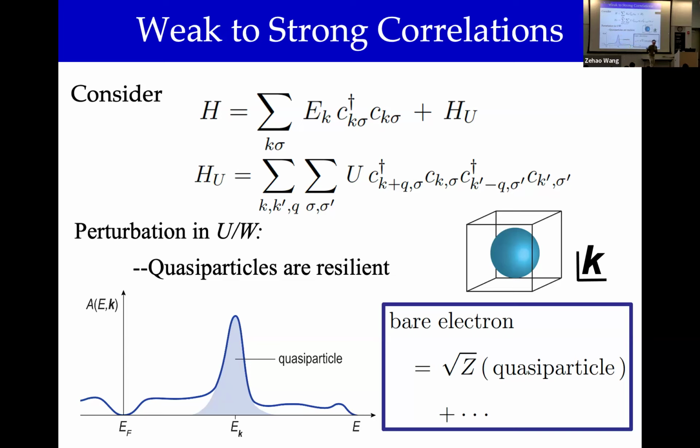That's an operational definition of a well-defined quasi-particle. Later on, we'll see that Fermi statistics makes this width quadratic in frequency or energy and quadratic in temperature. That will be a signature that becomes very important when we study correlation physics.